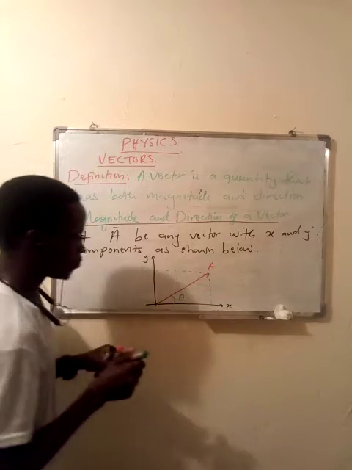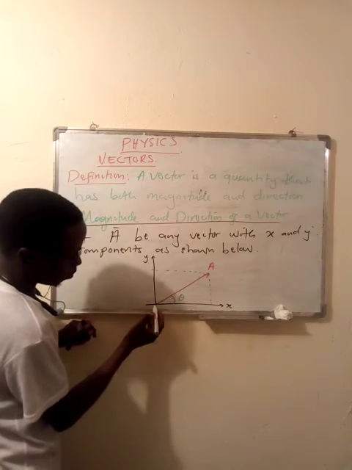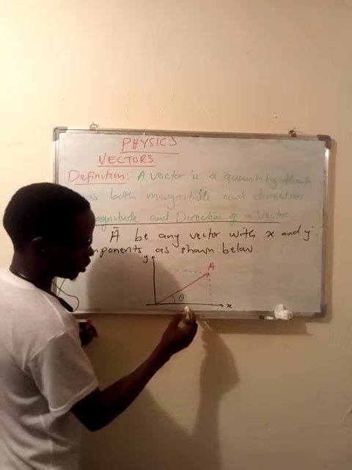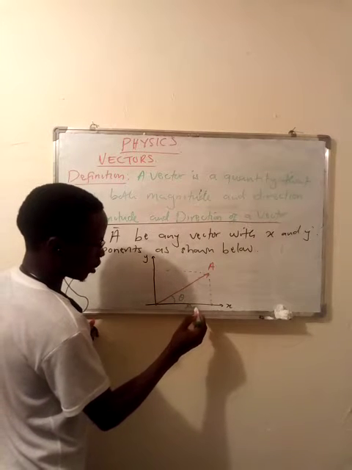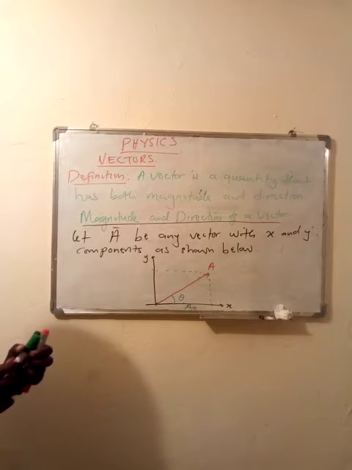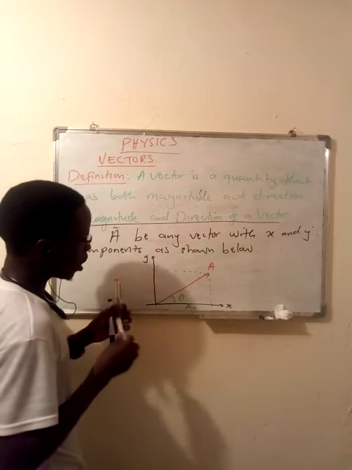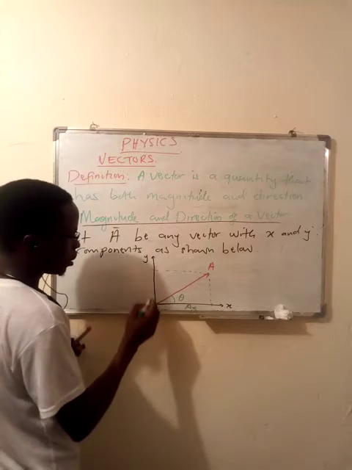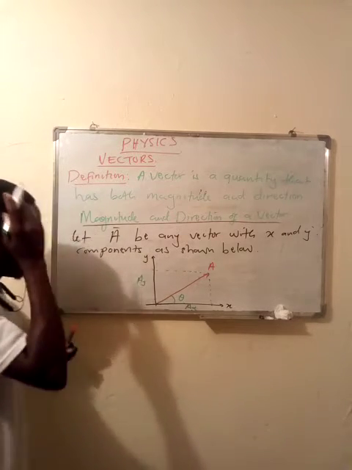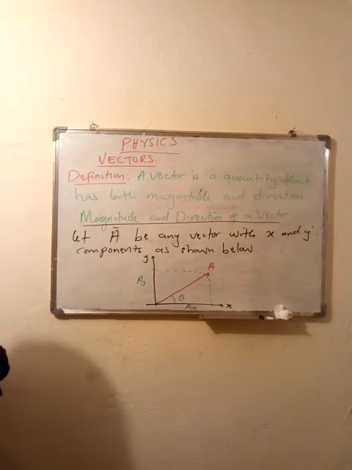Okay, so now what we're saying is that this one down here from there up to there, okay, is the x component, which is represented as ax, a subscript x. Then this one this side in the y direction, this is ay, okay, which is the y component of the vector.